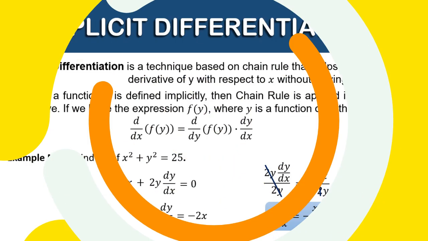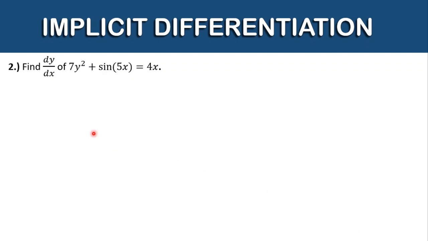For our example number 2, find dy over dx of 7y squared plus sine of 5x is equal to 4x. So let's differentiate first. For the first term, since it has y, the derivative of 7y squared is equal to 14y. Then we put dy over dx.